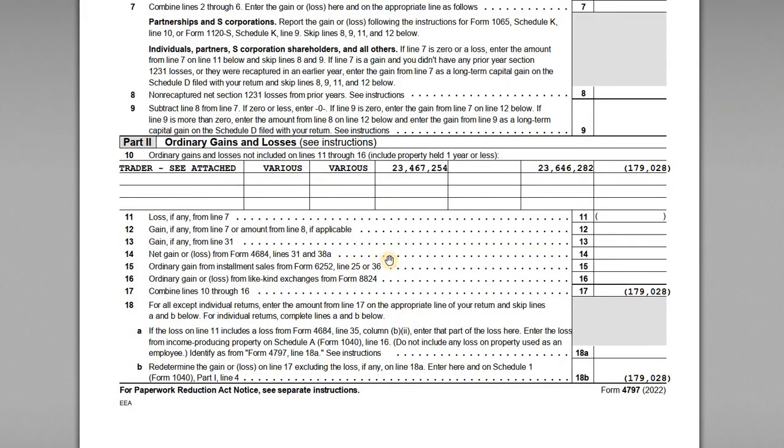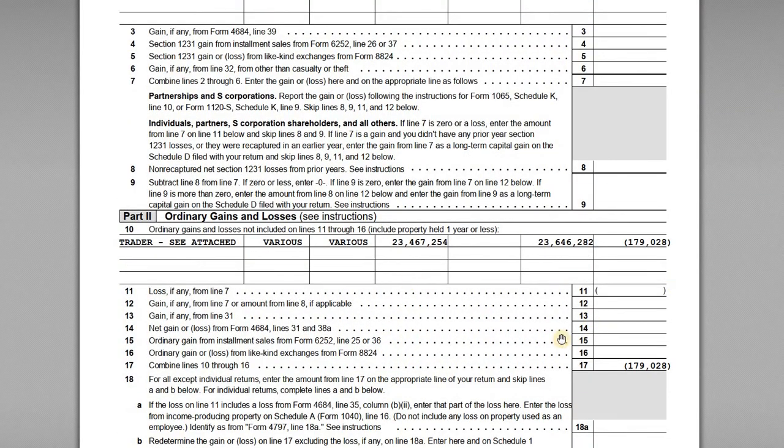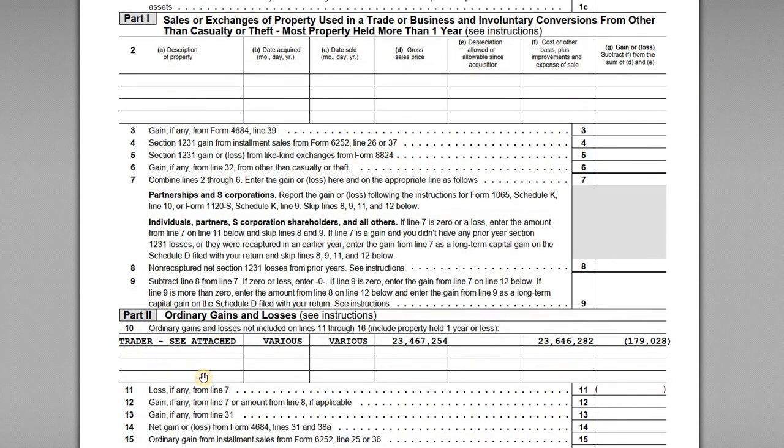And so the IRS wants you to keep a similar format to what we have here in Part 2. So we have a description of the property, date acquired or date sold, gross sale price. There's not going to be any depreciation for these stocks or this property for that matter. Cost basis, and then the gain or loss in total.